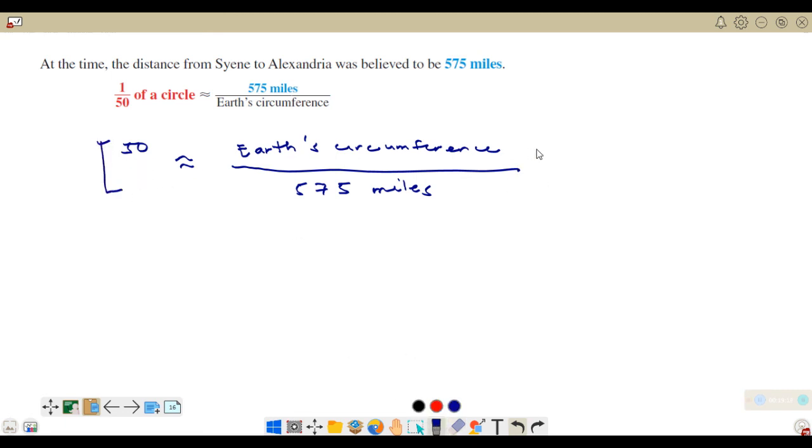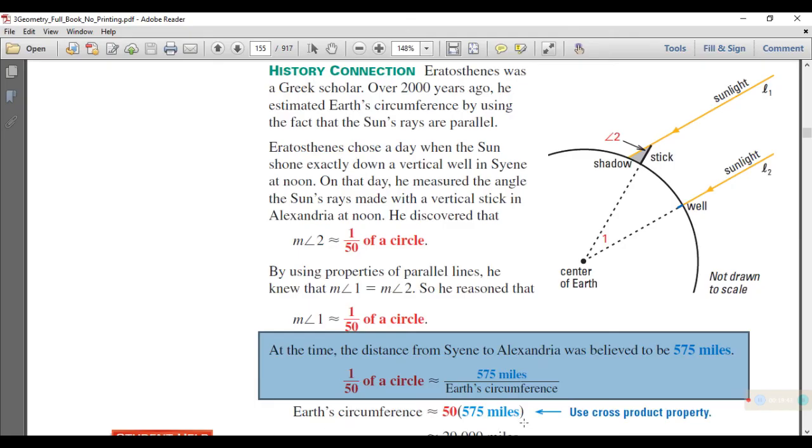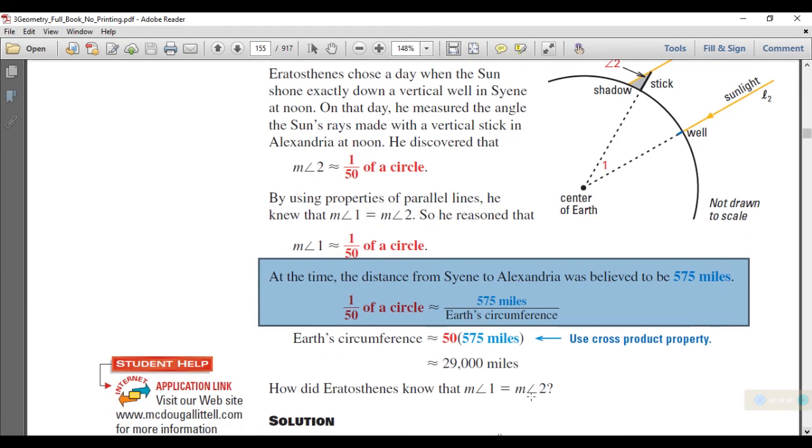Multiply both sides by 575 miles. So, 575 miles times 50 is approximately equal to Earth's circumference, 2 pi r, which is approximately equal to 29,000 miles daw.